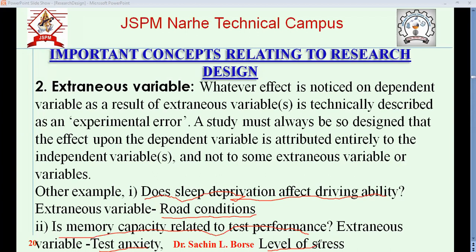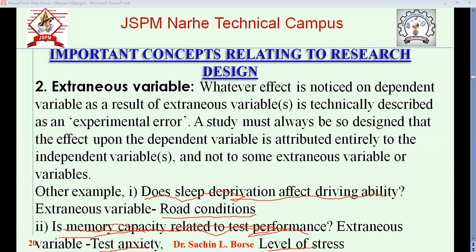All this will lead to performance in the test. But in our particular study, we'll only concentrate on memory capacity and test performance.